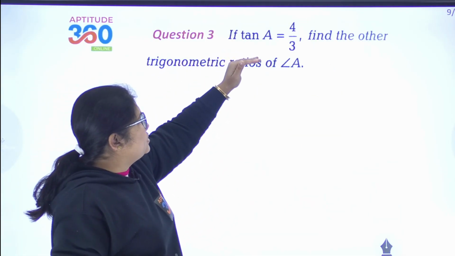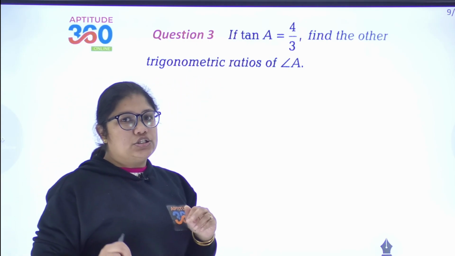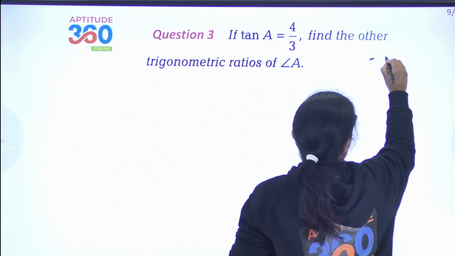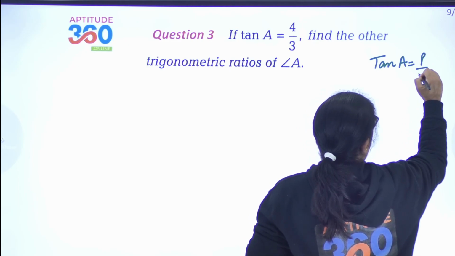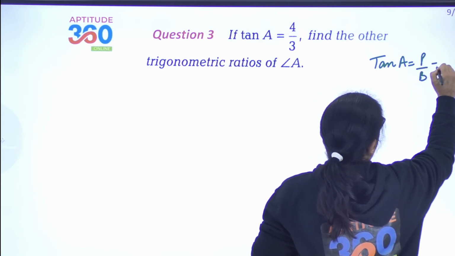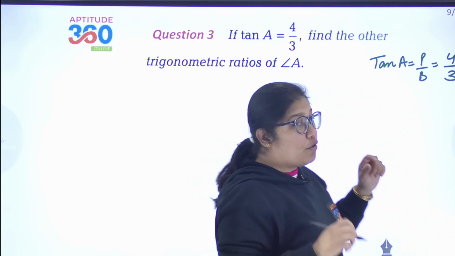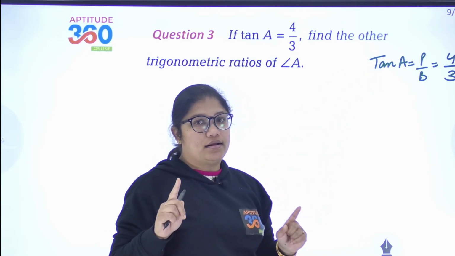If tan A is equal to 4 upon 3, find the other trigonometric ratios. So through the mnemonics, we know through proper brushes, that tan A is equal to perpendicular upon base, which is 4 upon 3. Now one thing we know for sure is that angle A is not your right angle.